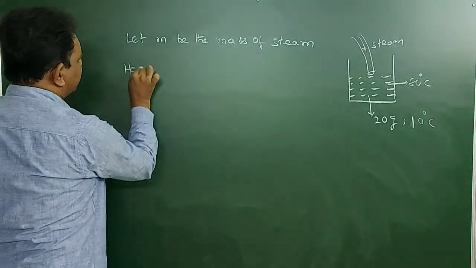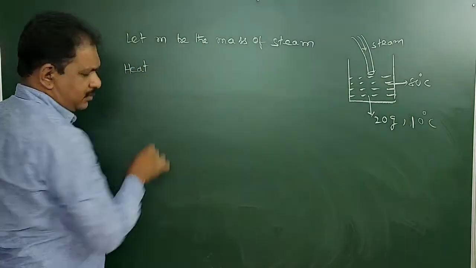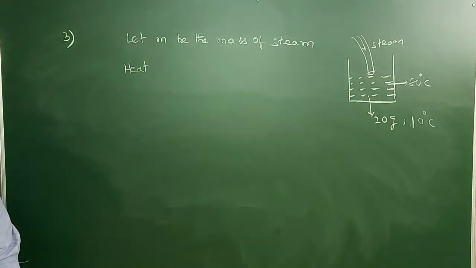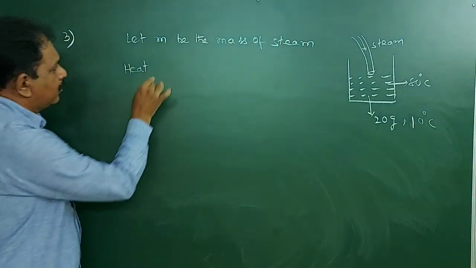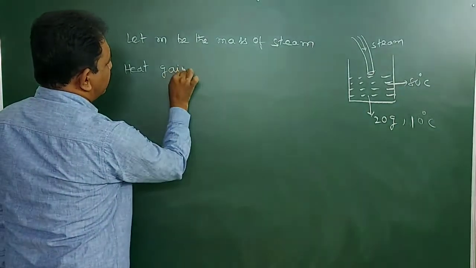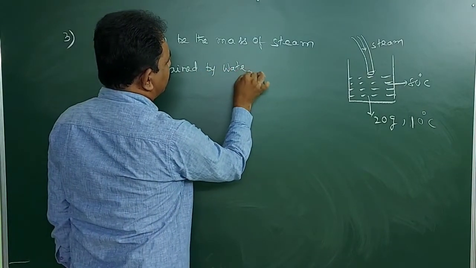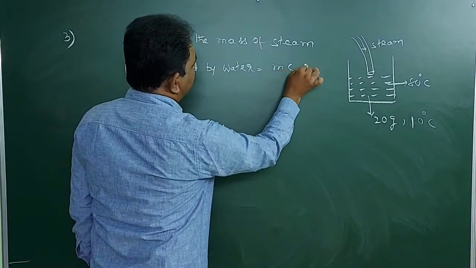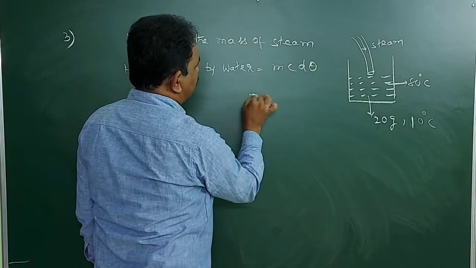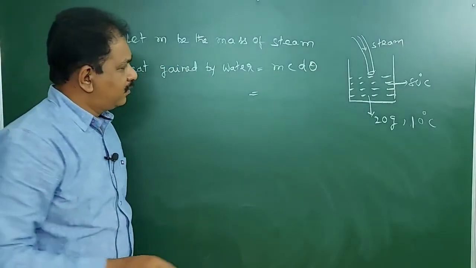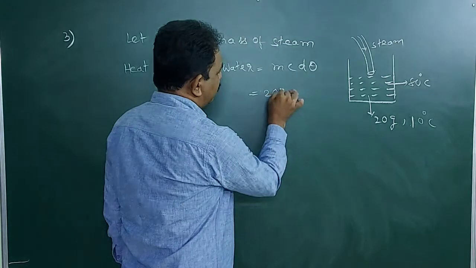Okay. So here heat gained by water. Formula: m c d theta or dt. Mass of water is 20.